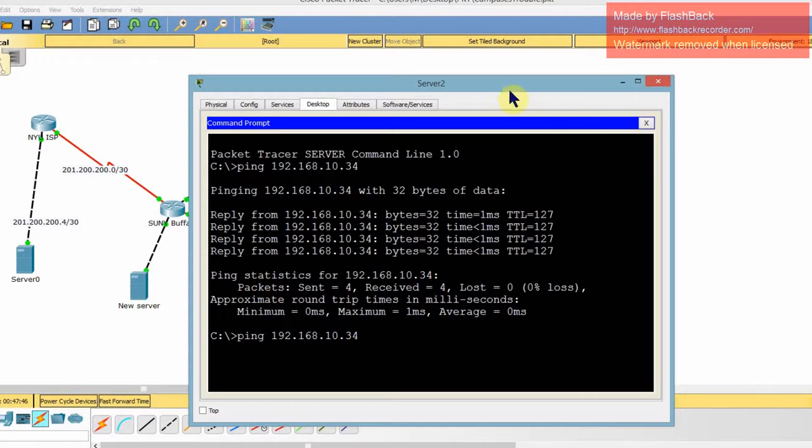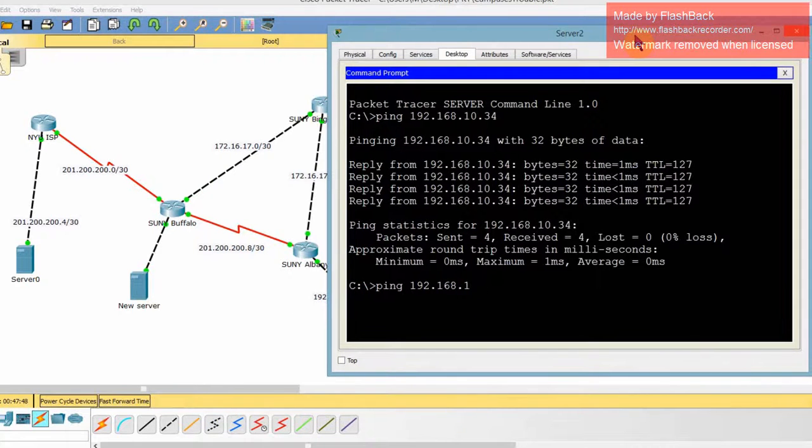Let's go ahead and try to ping. Let's see if we can go through, actually, go through that router. Let's assume it's a 6.